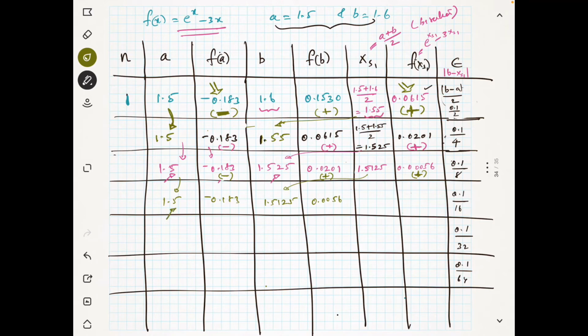Now our new x's we will find as the average of these two, a and b. I will add a and b and then I divide by 2. Then I will get the answer as 1.50625. And f of x's I will get it as minus 0.0090.